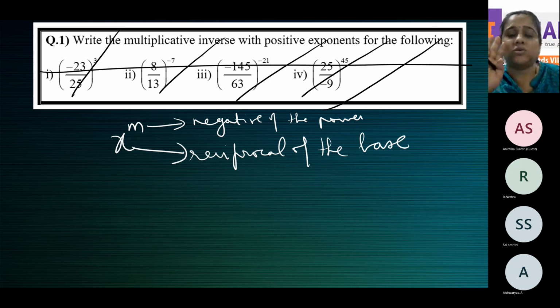I haven't completed yet, so maybe you're not able to get what I'm saying. Listen till the end, and I'm sure it will be clear. With the base, you can only write its reciprocal. Power, you can write its negative. To the base, you cannot write the negative, and to the power, you cannot write its reciprocal. That's wrong.